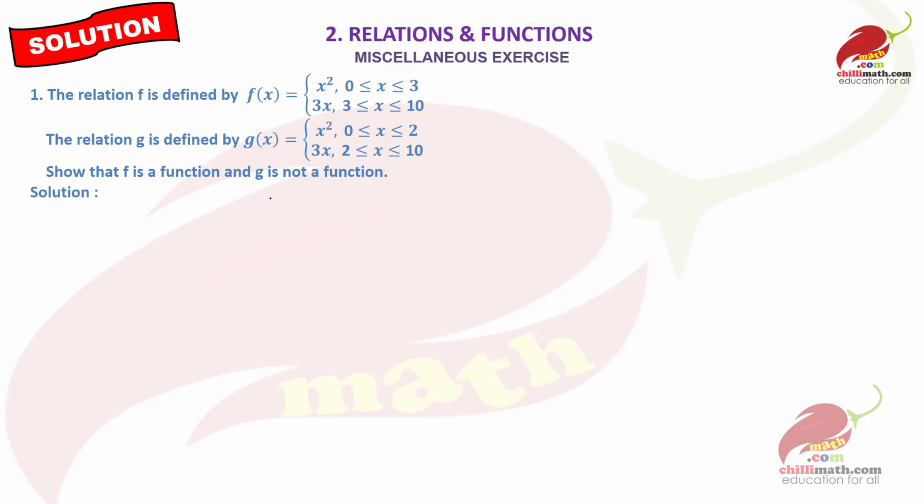So one method is that you take all the points into consideration, like from 0 to 10, and put in the respective functions and prove that this relation is a function. And similarly you can do it in g(x) also and show that it's not a function.